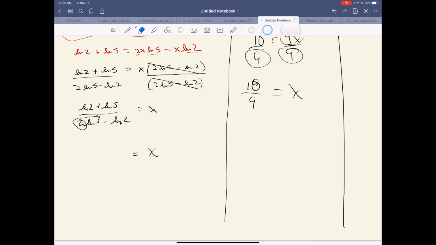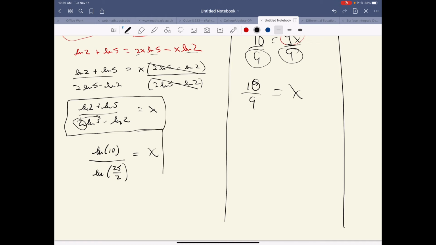I'm going to rewrite the whole thing. So we have ln 10. In the bottom, it was ln 25 minus ln 2. That's ln of 25 halves. And so this answer right here and this answer are exactly the same. But this one is the most simplified.